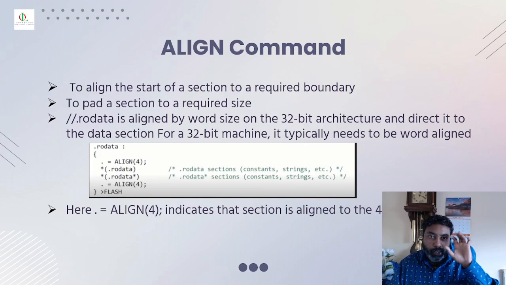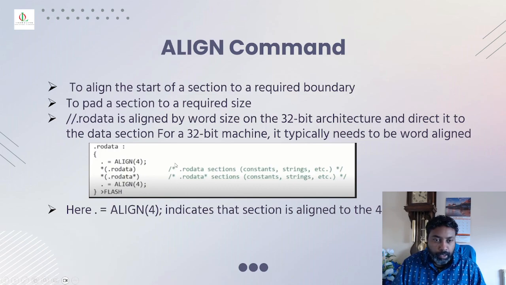By giving the location counter, it creates a boundary, and inside this boundary you need to align your data line by line. By saying ALIGN of 4, this 4 represents the byte boundary size. There can be 8 bytes as well, but this one is 4 bytes, so that's why ALIGN of 4. So it knows to allocate, give the addresses and align in that particular .rodata section. So that's what the ALIGN command is.